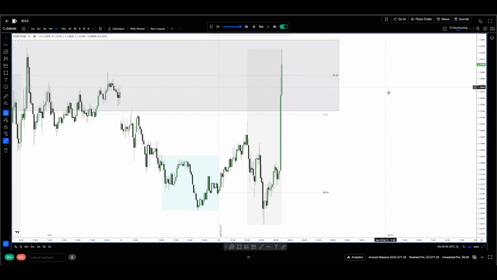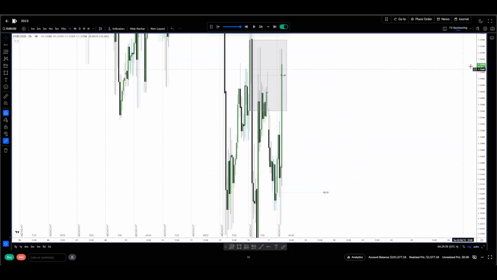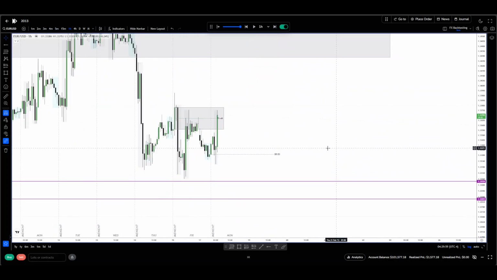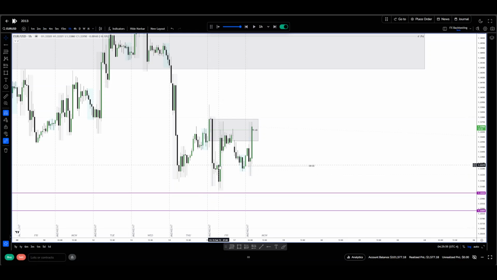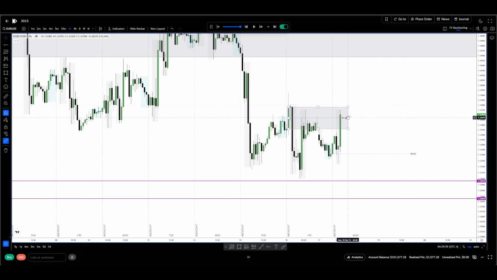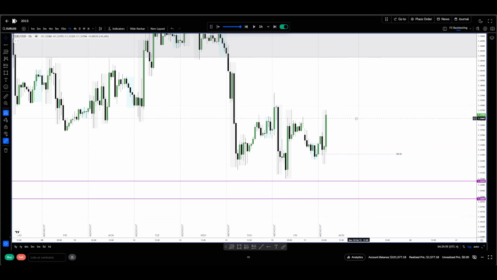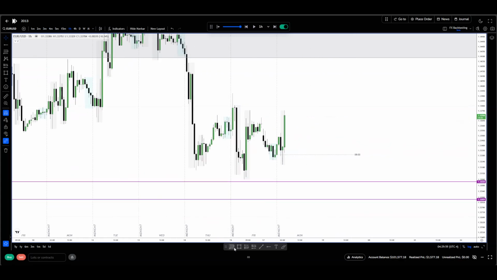Okay, so let's see the 1 hour. Obviously, this order block was holding. What was the context? The bearish dealing range, right? We had this dealing range marked out. We're in the premium, we traded lower. We were expecting the 25% level.